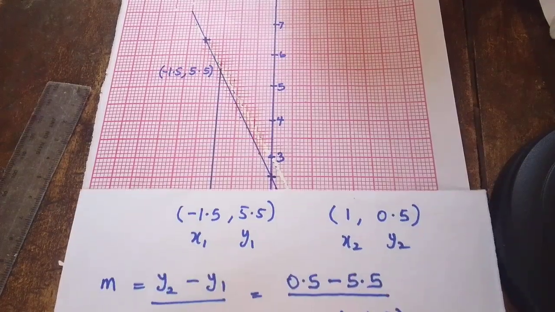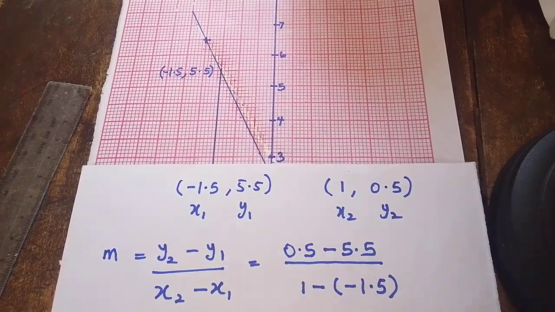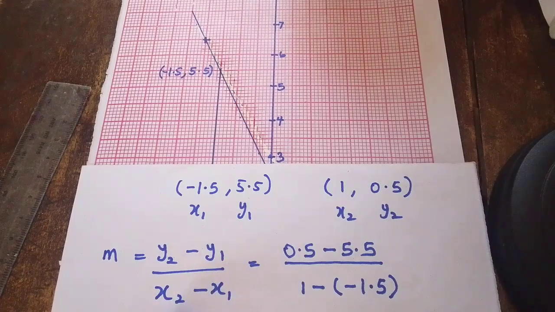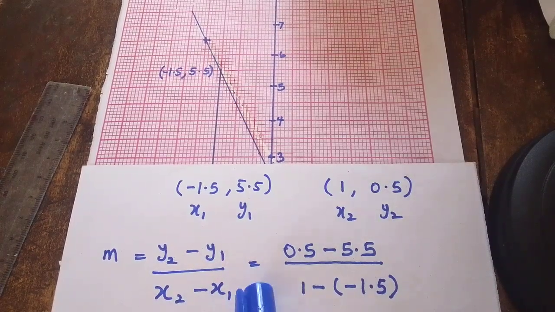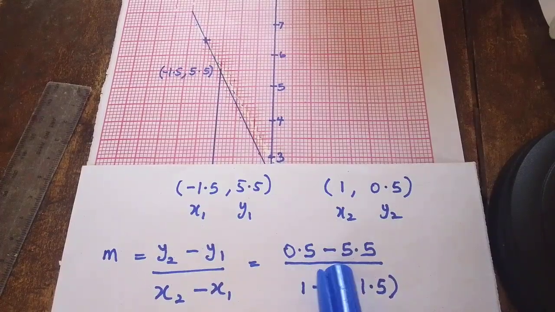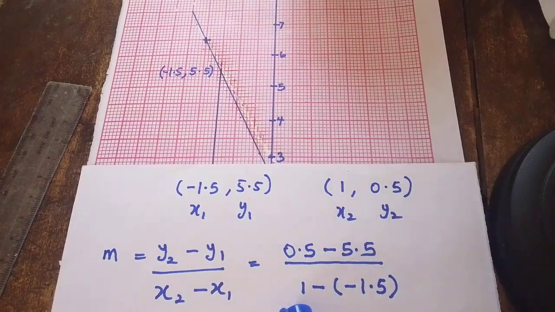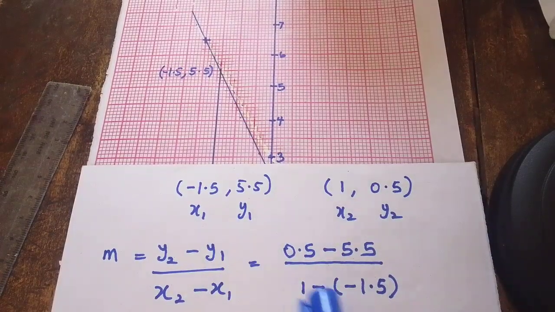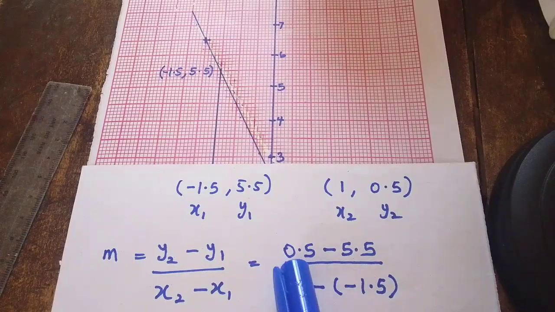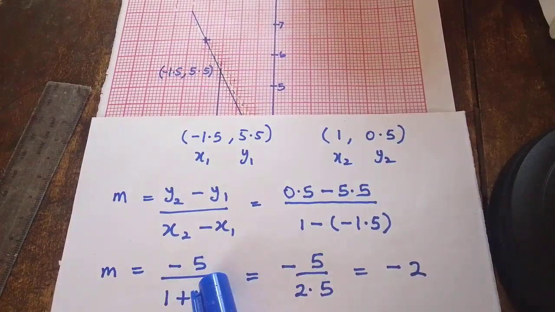You now substitute into the formula for the gradient of a line, which is m equals y2 minus y1 over x2 minus x1. So y2 is 0.5 minus 5.5, over x2, which is 1, minus x1, which is minus 1.5. 0.5 minus 5.5 gives us minus 5.